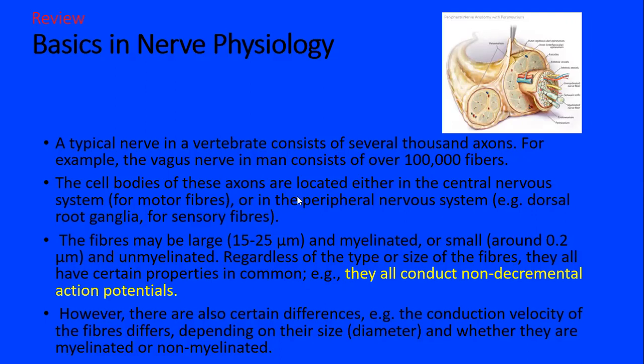On the other hand, if it is outside the CNS, it will usually be located within a ganglion. So the cell bodies are not just located haphazardly. They'll either be within the CNS or they'll be within a ganglion.